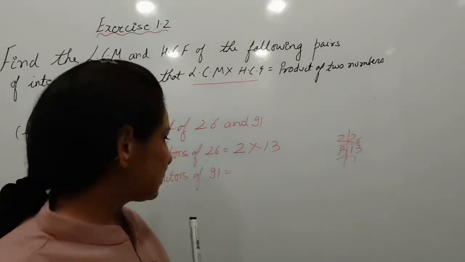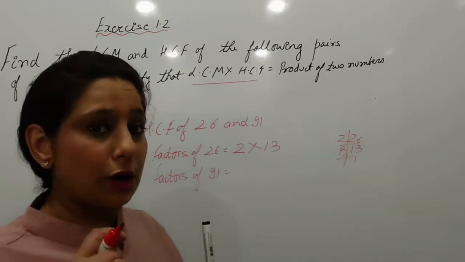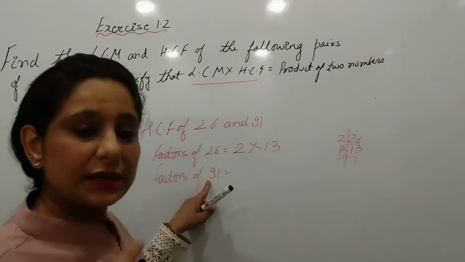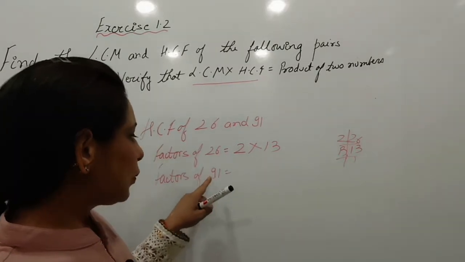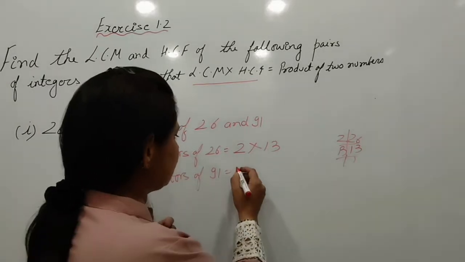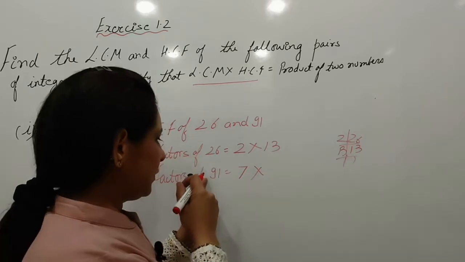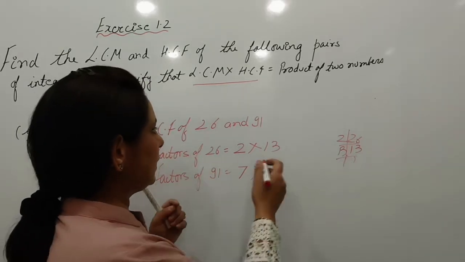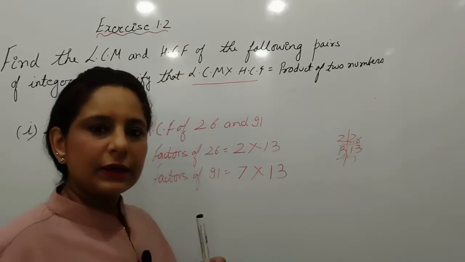No. Is it divisible by 3? 9 plus 1 is 10, so no. The next prime is 5, and it is not divisible by 5 either. Now, is it divisible by 7? Yes, it is divisible by 7. When divided by 7, it leaves 13. That means 91 is 7 into 13.